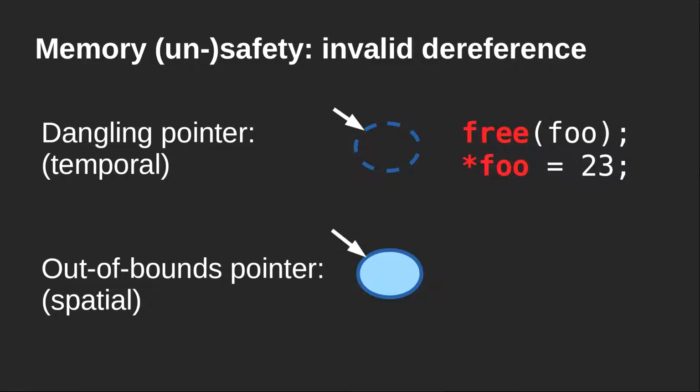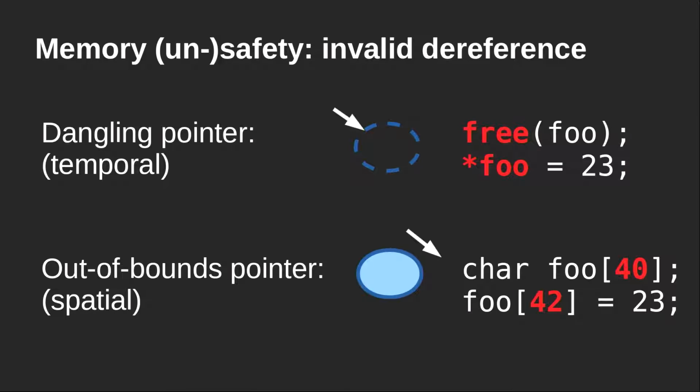The other alternative is an out-of-bounds pointer, which we call spatial memory corruption. That is, the pointer at one point in time pointed into a valid object, and then through the execution of the program started to move outside of the object and is now pointing into an illegal memory region, because it moved out of the correct bounds of the object.